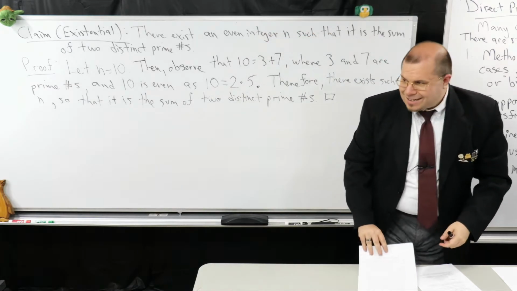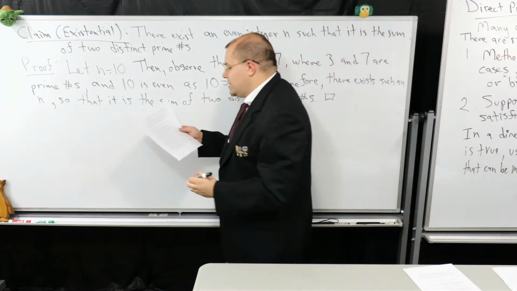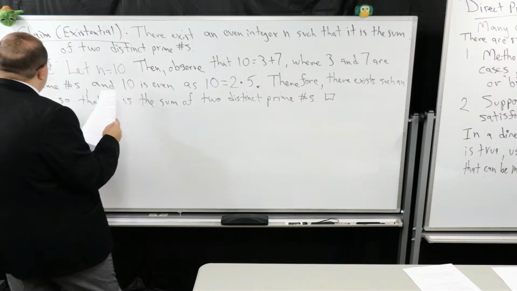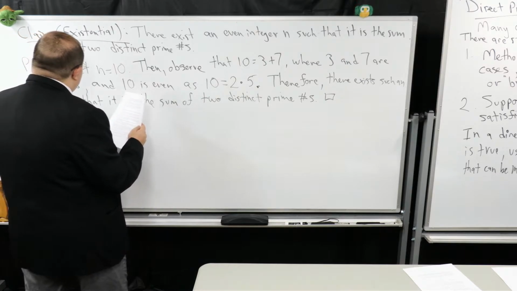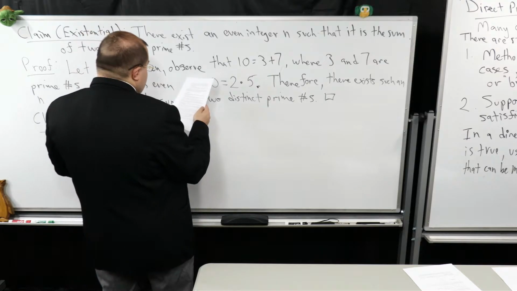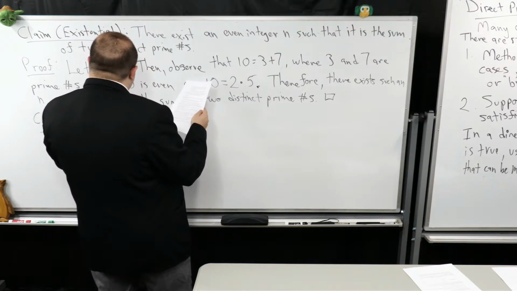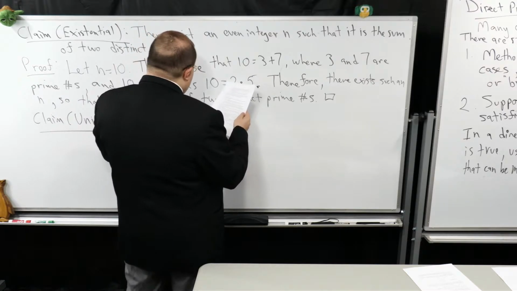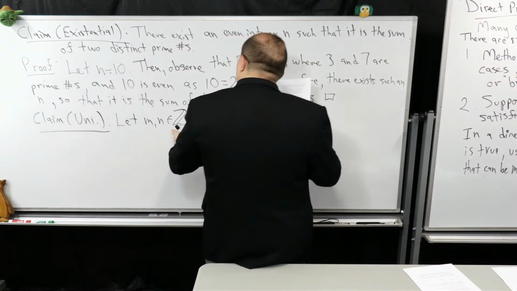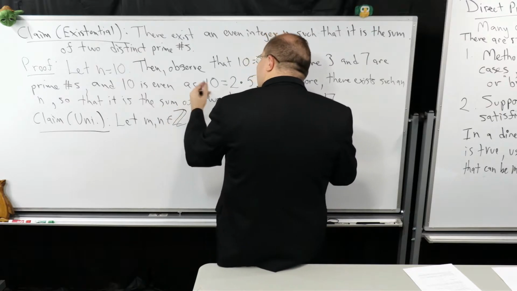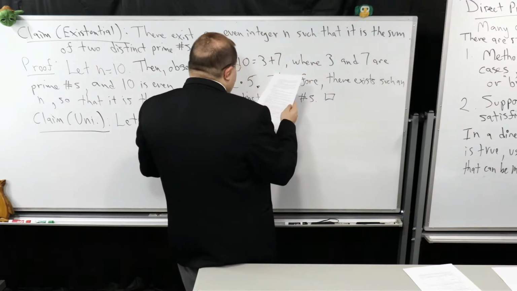So that was an existential claim. Let's do a universal claim. So we're going to prove a universal claim. I'm going to consider 2 integers, m and n. Now, z here, you can think of that as integer. So if you see the fancy blackboard z, that means integer.